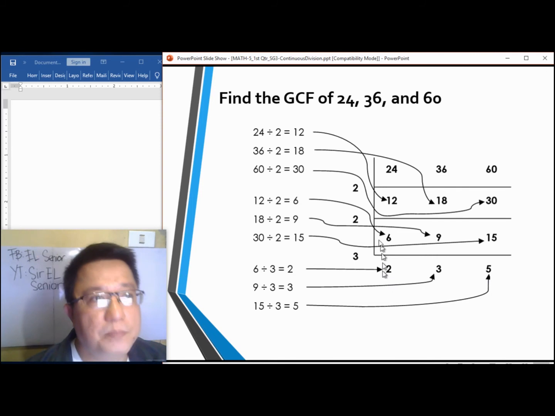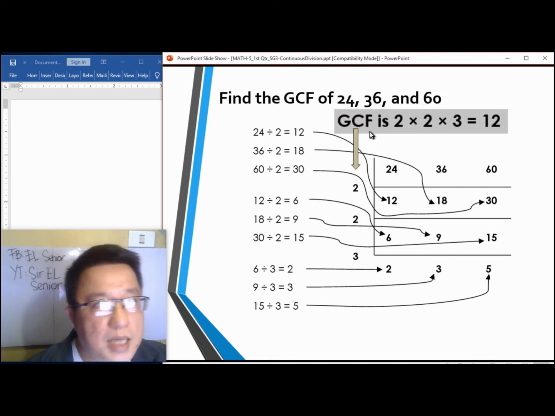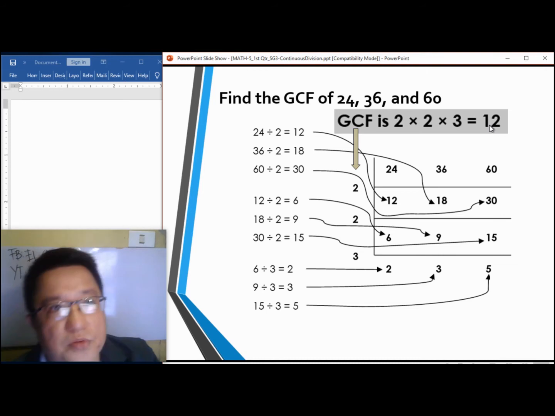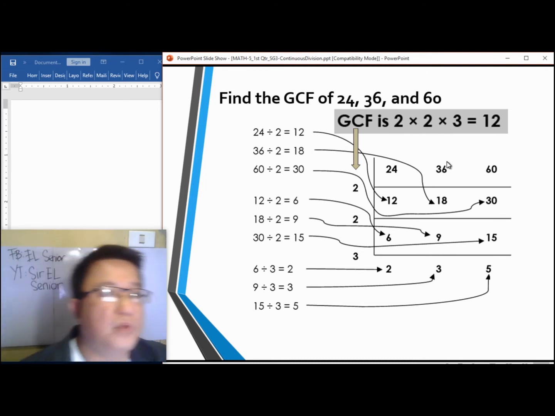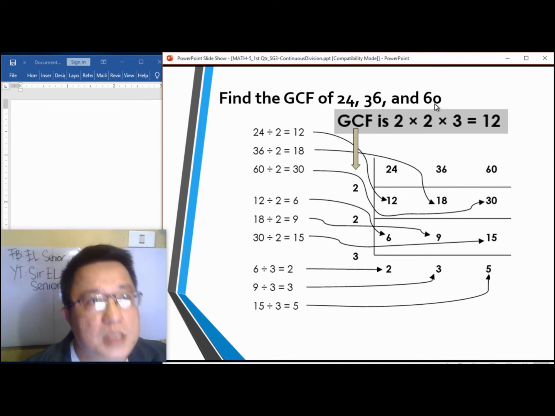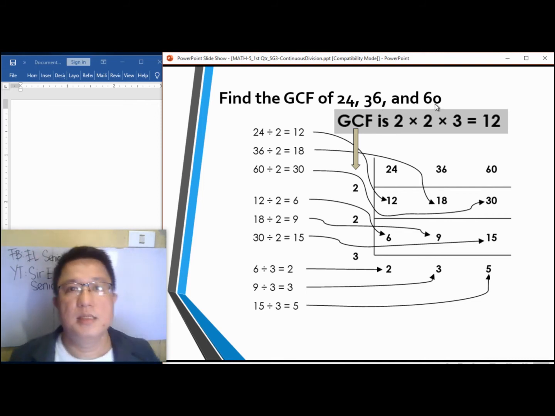So we stop. And what do we have? 2 times 2 times 3. That is the factor for the GCF. Or 2 times 2 times 3 equals 12. That is the greatest common factor of 24, 36, and 60.